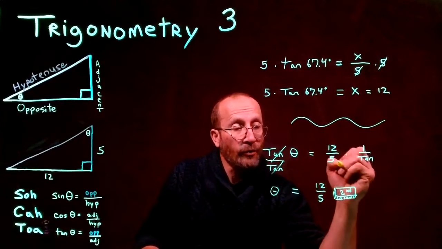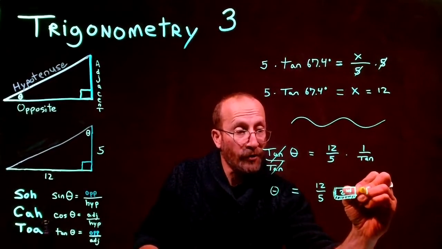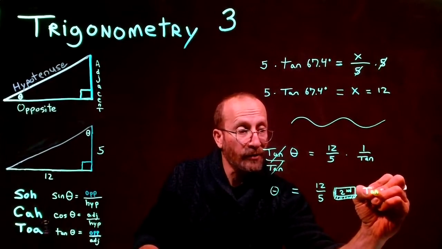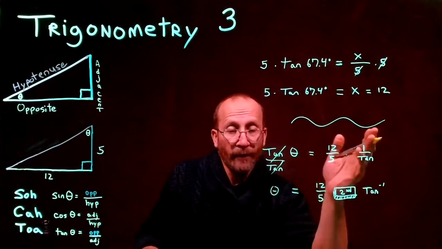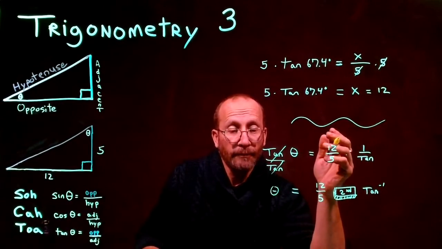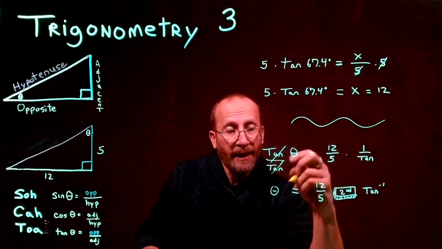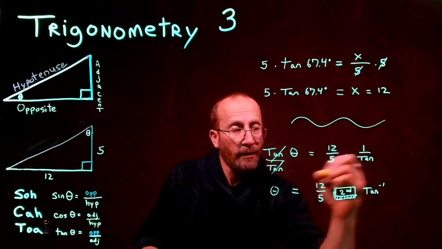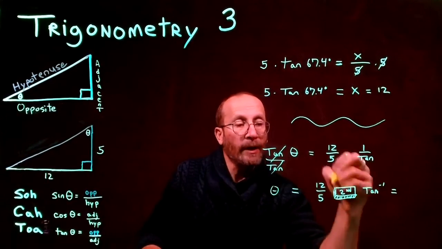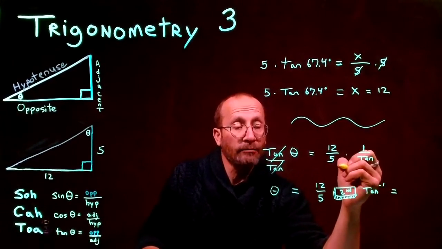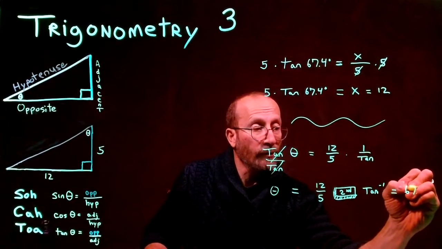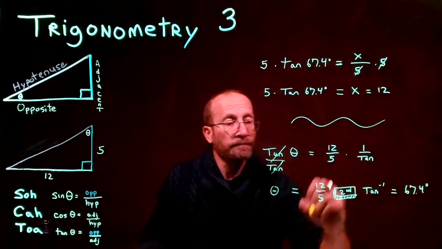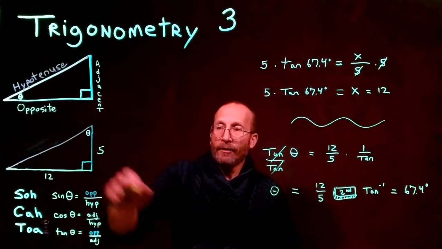You're going to see the trig functions have changed a little bit, and now they say to the -1. And all you have to do is press it. And then that decimal, whatever that is there, will get turned into your answer. And in this case, it should be 67.4 degrees for the angle there.